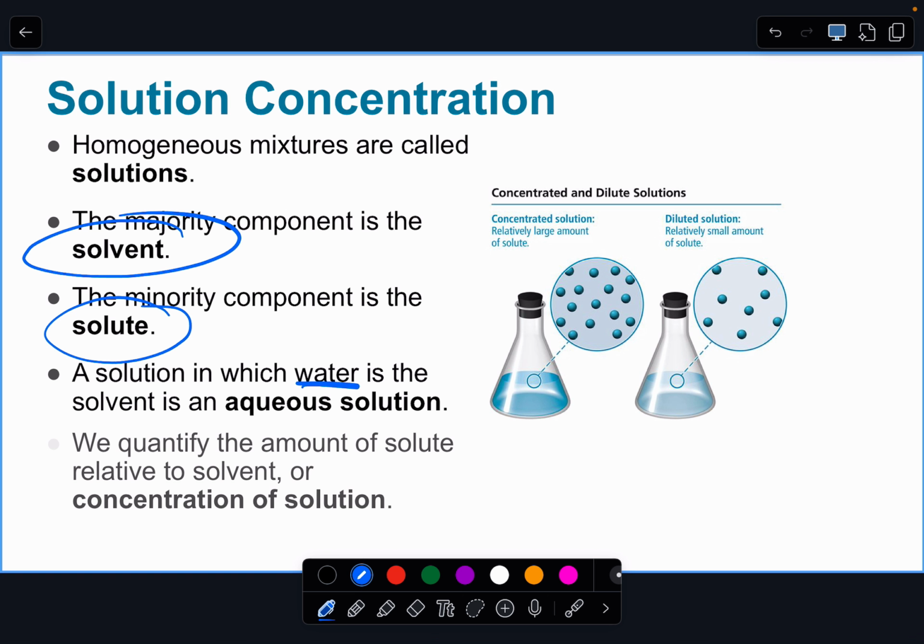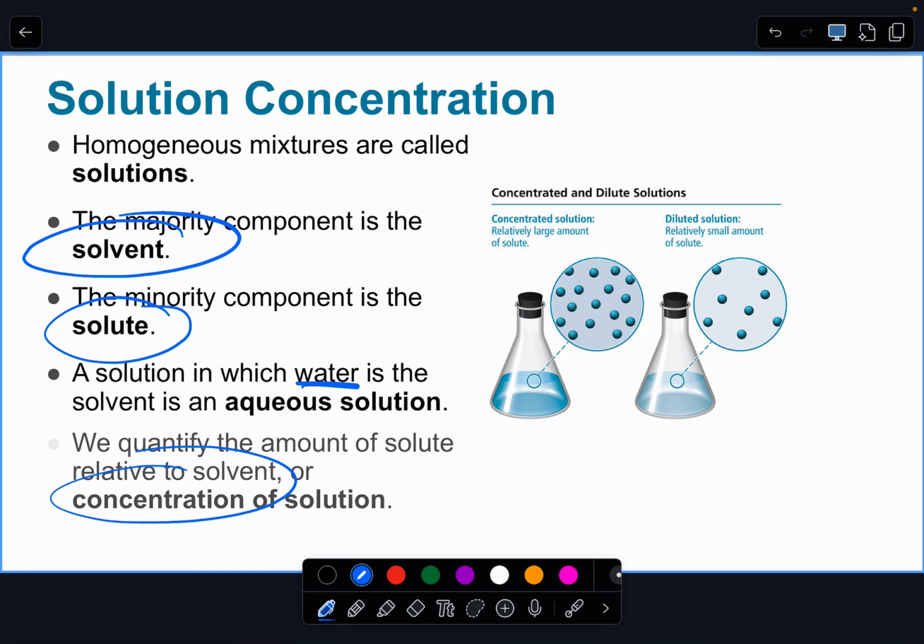And we can talk generally about concentration. So concentration tells you how much stuff there is in that solution. Like if I had a gallon of water and I added 1 packet of Kool-Aid to one, and then I added 2 packets of Kool-Aid to the other, the one that I add 2 packets to would be considered more concentrated, and the one with 1 packet would be considered more dilute.